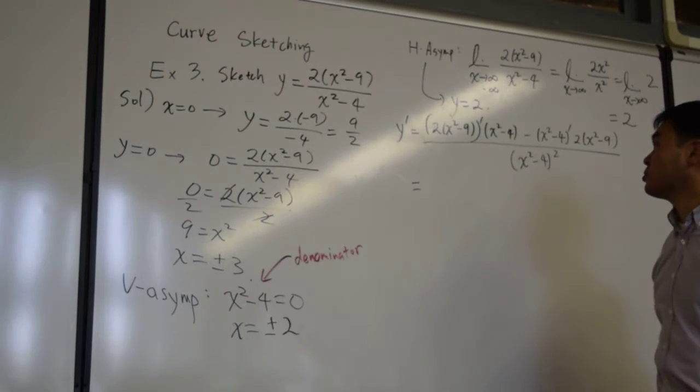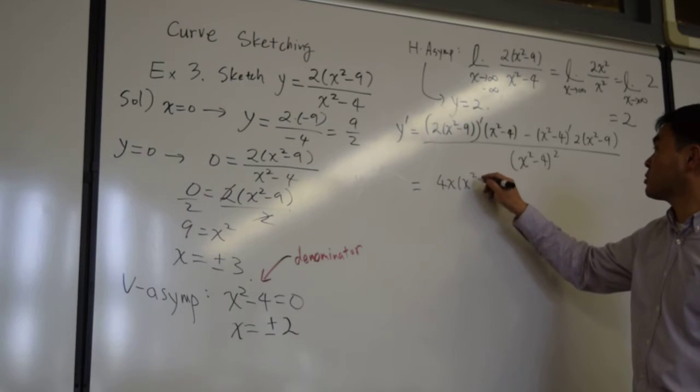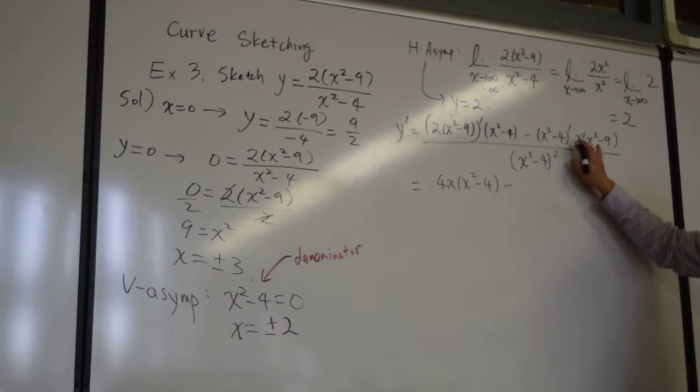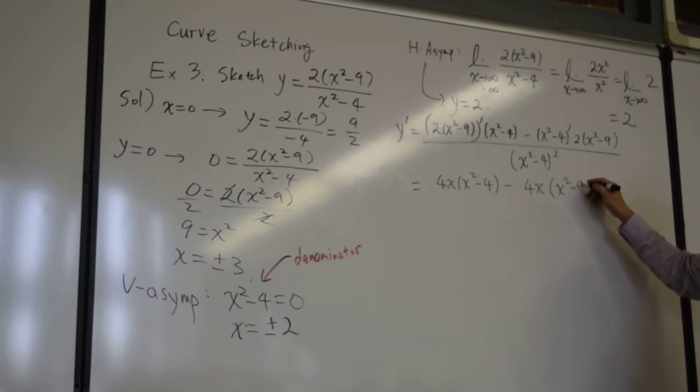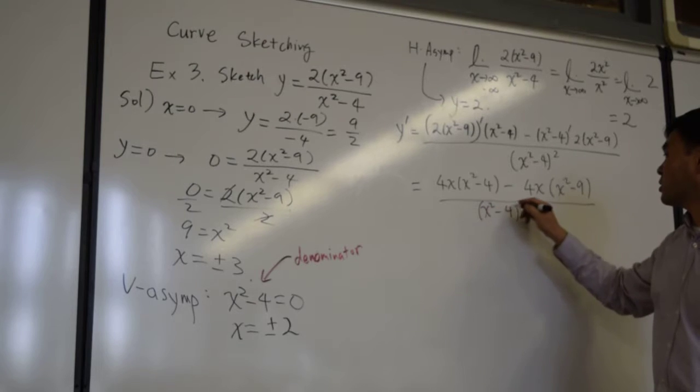This differentiates to 2x times 2, that's 4x, times (x squared minus 4), minus, differentiates to 2x times 2, that's again 4x, times (x squared minus 9), over (x squared minus 4) squared.